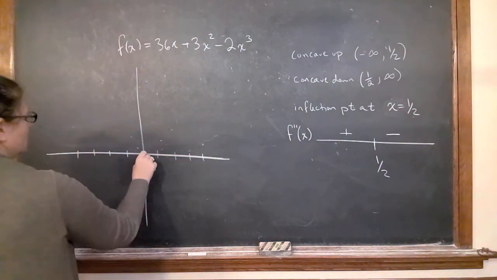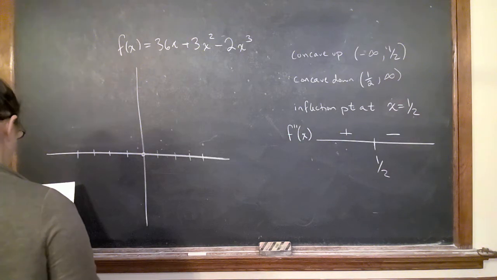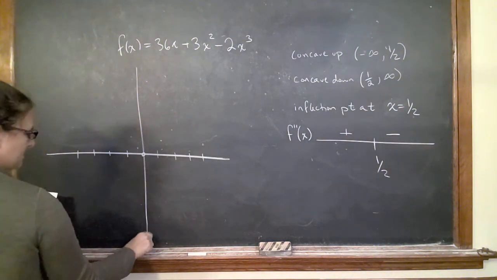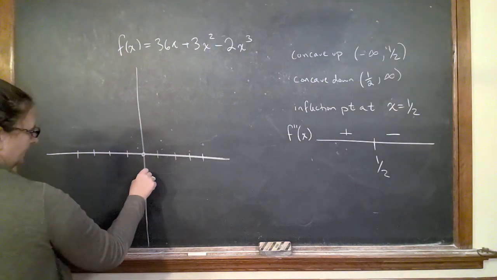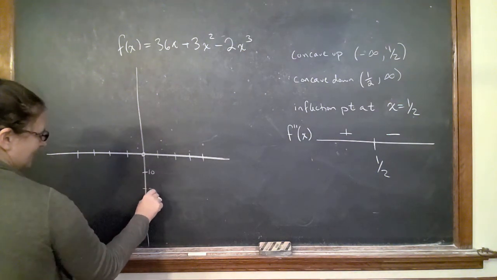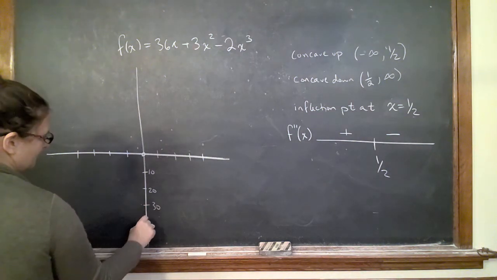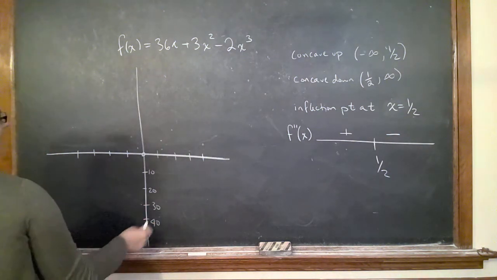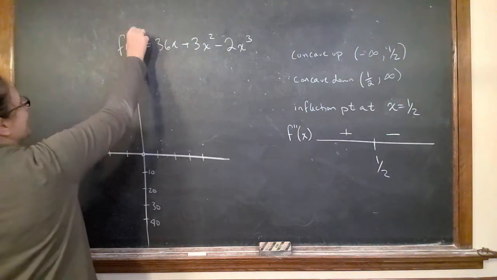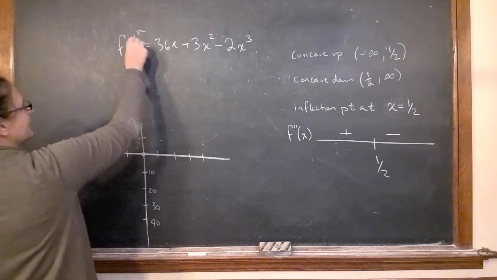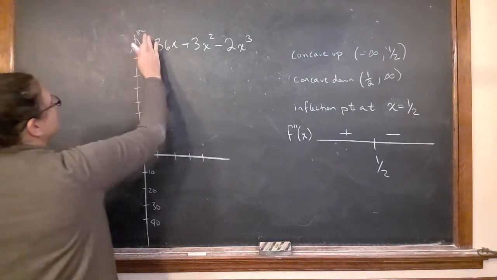I can see it goes through 0. I know I have a negative 2. And, okay, we'll just call it 10, 20, 30, 40. Because up here I have to go to 80, so 10, 20, 30, 40, 50, 60, 70, 80. Perfect. So let's do that.